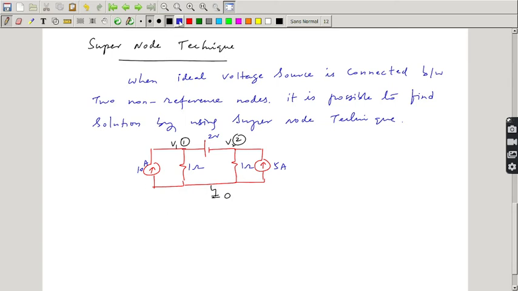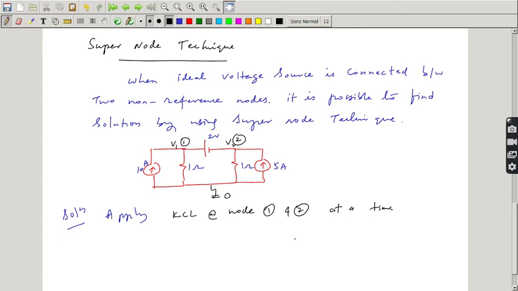If this type of problem occurs, the general procedure we discussed earlier is not applicable. So by using the super node technique, we apply KCL at node 1 and 2 at a time.